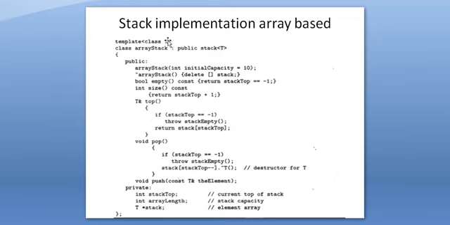That's why we are using this template T. And we use the class array stack. First is your class constructor, and second is your class destructor. Then you have an empty method, size method, and top, pop, and push.